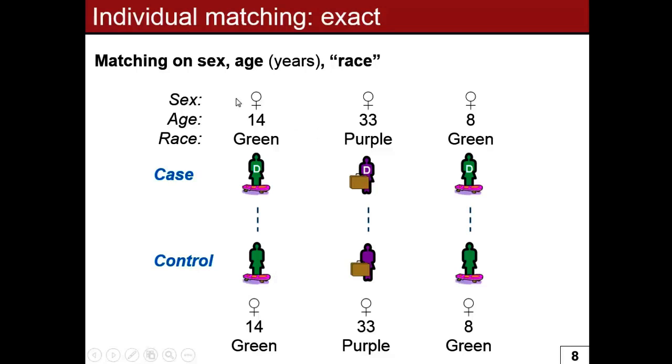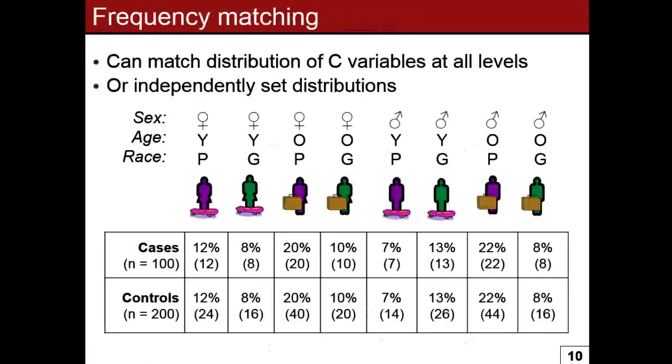Here we had sex, age, and race, and we were very specifically finding matches for specific cases. Whereas in frequency matching, you're generally matching the distribution of the confounders in the control group to that of the case group, or the exposed and unexposed. So you're not recruiting a specific control to go with a specific case, but rather, in a general sense, constructing your controls to match that of the cases.